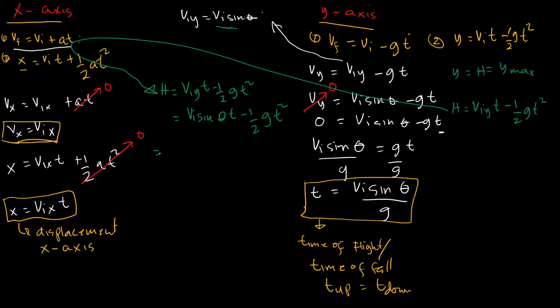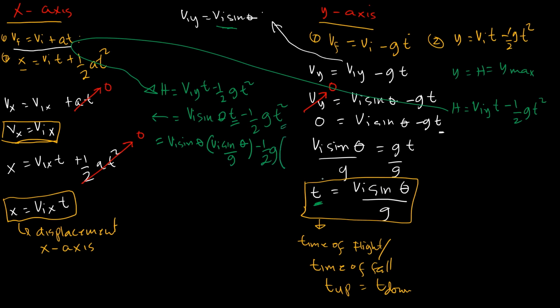So this is equal to v sine theta, and time here is equal to this one. Instead of using t, we'll substitute the value of time here. So this is equal to v sine theta over g minus 1/2 g.